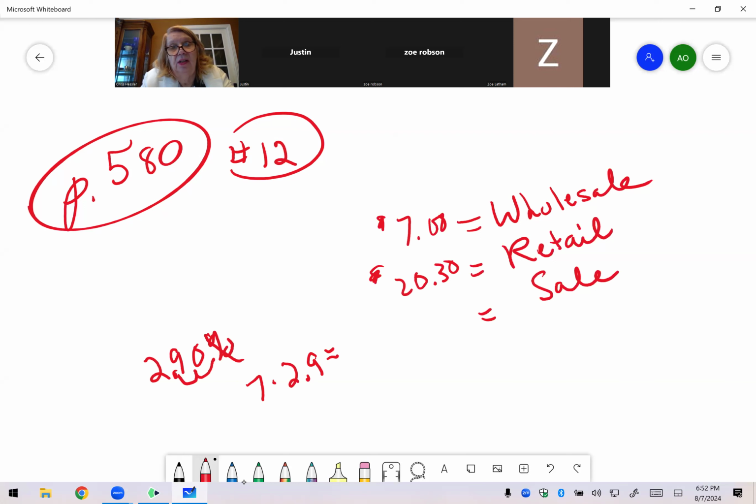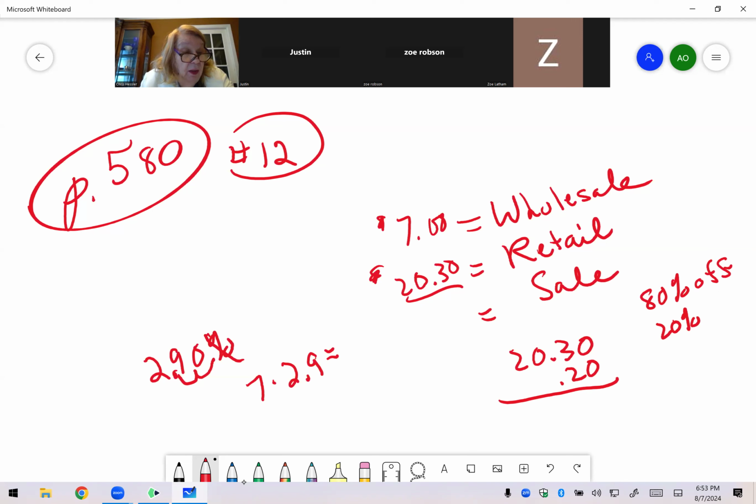So the retail price they're going to sell to all the summer visitors, they're going to mark it up to $20.30. Then it says the remaining souvenirs are marked at a discounted price that is 80% off. So if instead of doing 80% off, I'm just going to do 20%. So I don't have to do 2 steps. So I'll just take that times 0.20. And I am out here without any answers, but it will be 4.06.